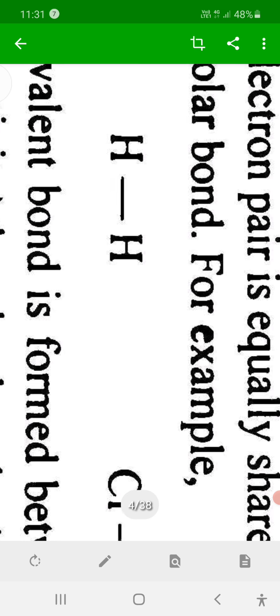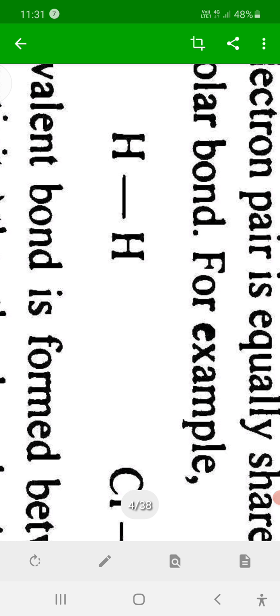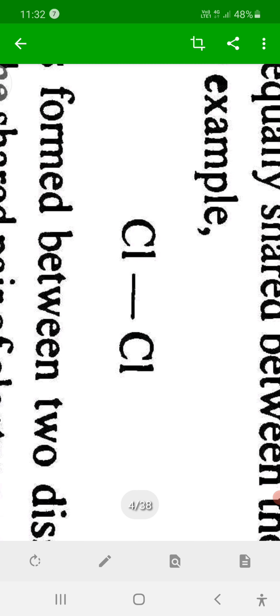In homoatomic bonds, the two atoms have the same electronegativity power, therefore the electron pair exists exactly in between the two atoms, because the electron pulling power of both atoms is the same.